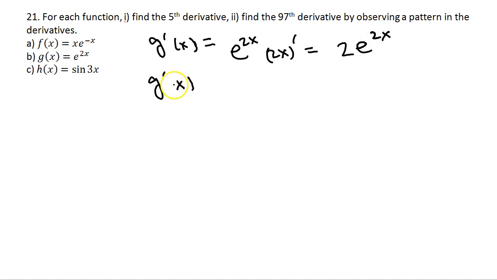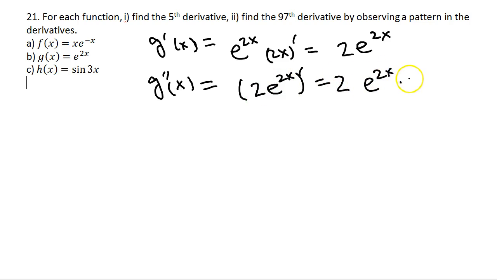Another prime will give you, if you differentiate twice, again by the chain rule, you will have to multiply the derivative of 2x, which is 2. So in other words, every time you differentiate, a factor of 2 will appear.